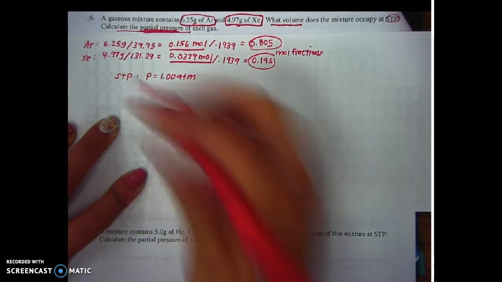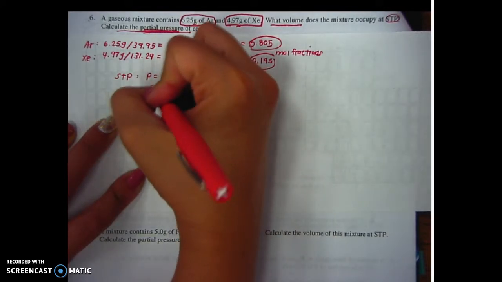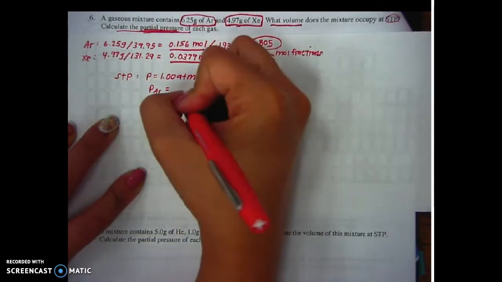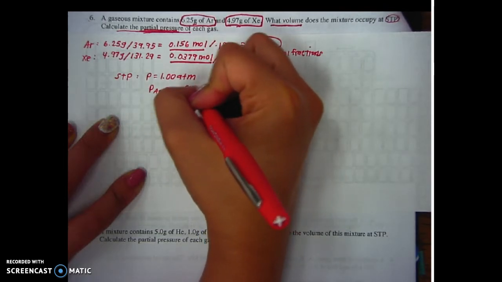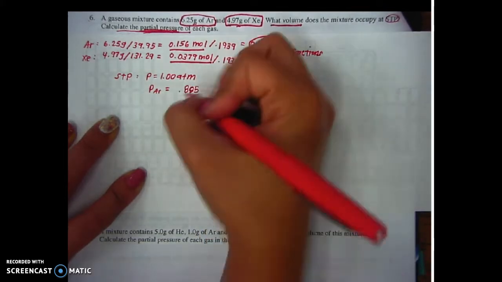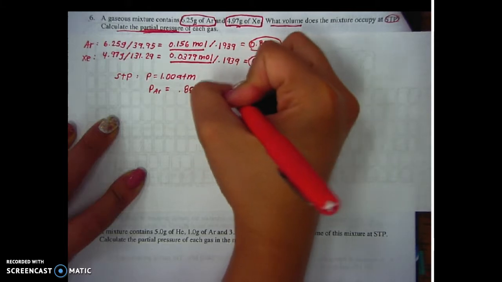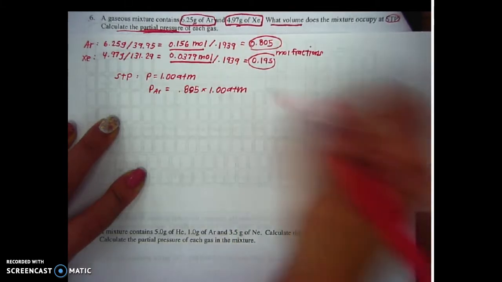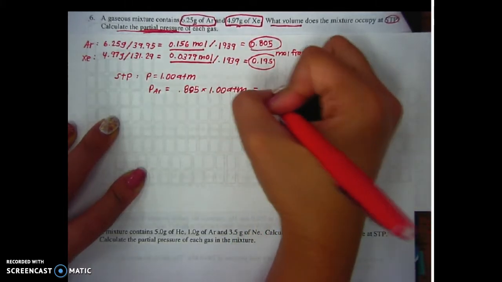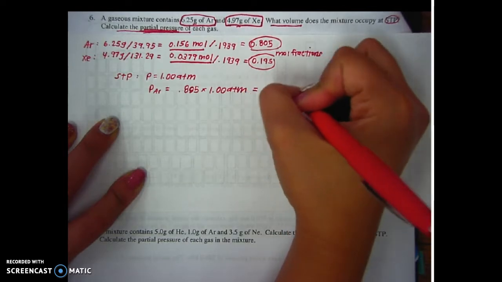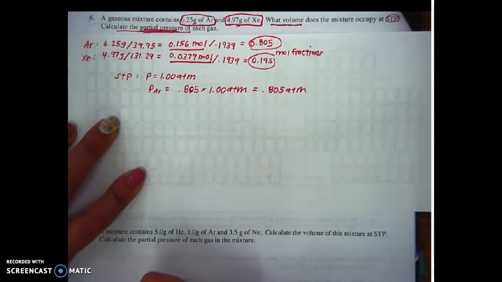So if I wanted to know the partial pressure of argon, I'm going to just take my mole fraction, 0.805, and you're going to times it by the total pressure of 1 atm, and it's not going to change. So you get 0.805 atmospheres for argon.